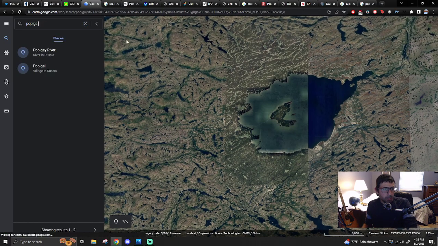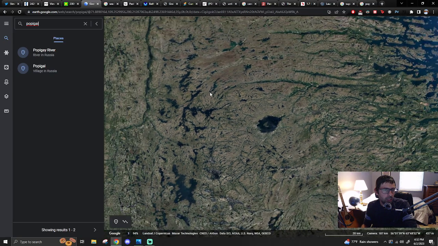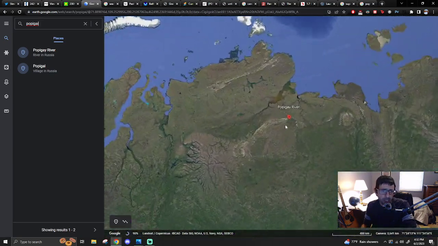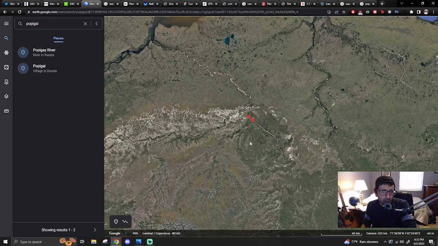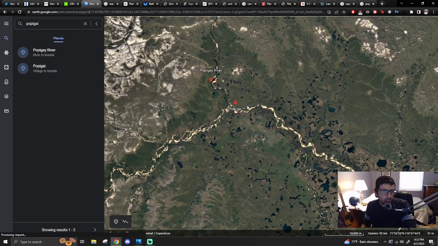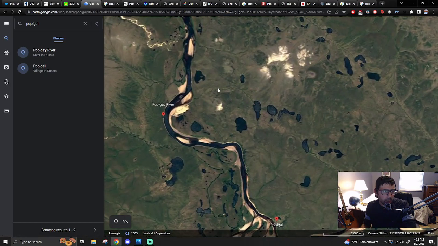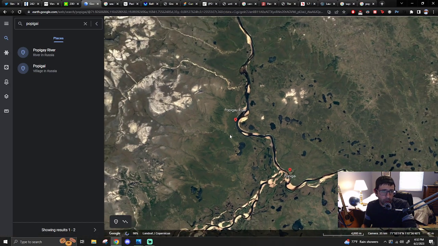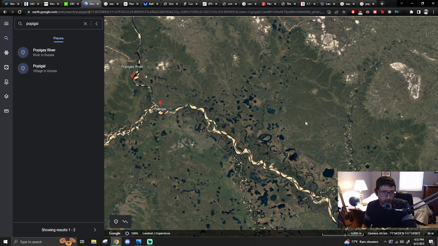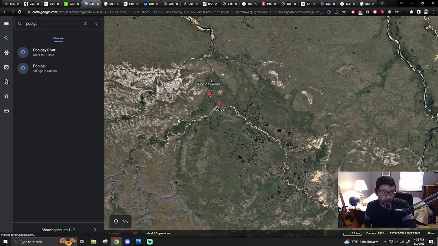Papigai. I'm not sure where this one's supposed impact is, but it looks like there's a lot going on over here. That would be indicative that whatever they're talking about is not an impact.